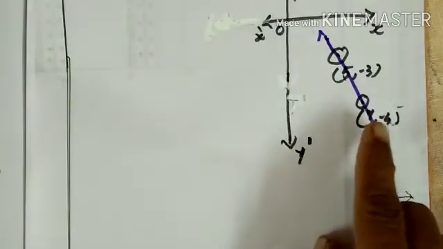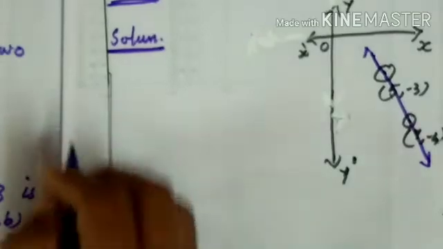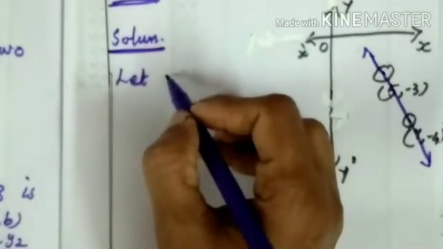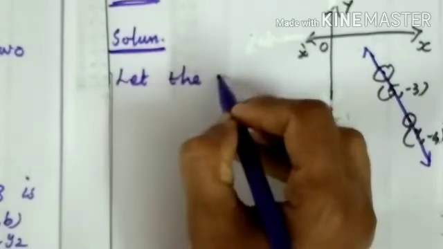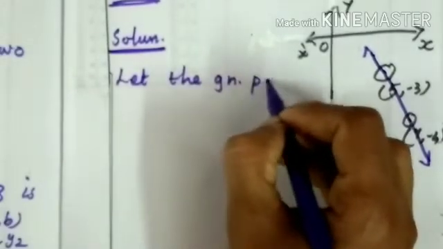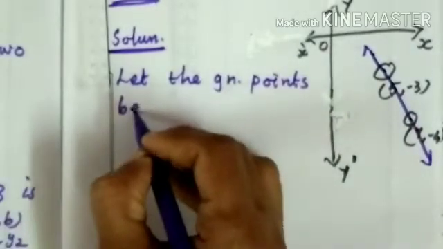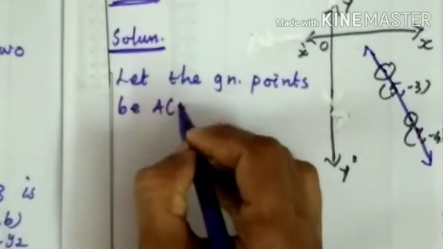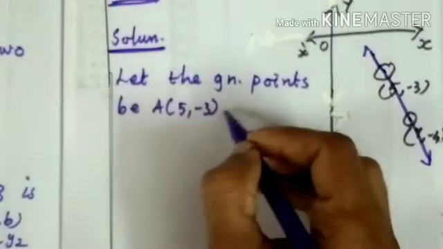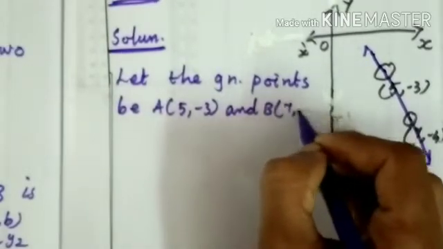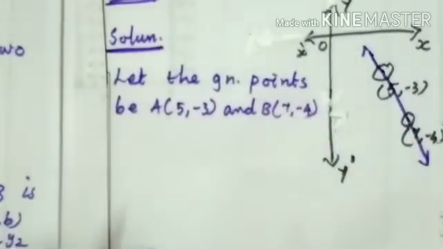Here we have to find the equation of the straight line. Let us do the solution. Let the given points be A 5, minus 3 and B 7, minus 4.